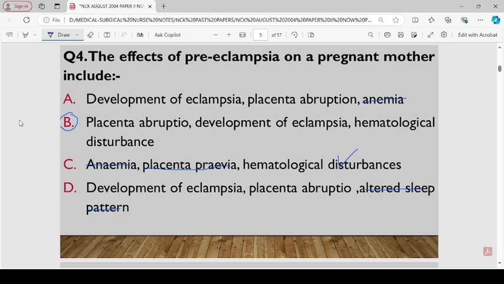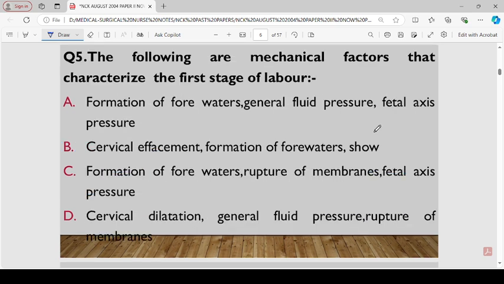Remember, we normally talk of the HELLP syndrome, where we have hemolysis, elevated liver enzymes, and low platelets, and that explains the hematological disturbances, including hemolysis, thrombocytopenia, and sometimes the DIC, disseminated intravascular coagulopathy, right?